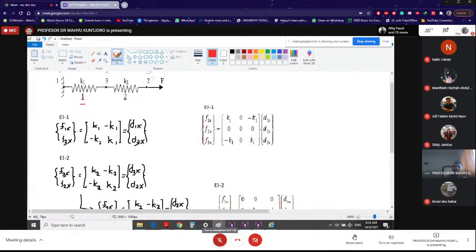So what you will do next is combine all these F equal to KD equations. This is a matrix, of course. You will combine these. So you have two equations: the first equation for element number 1 and the second equation for element number 2.